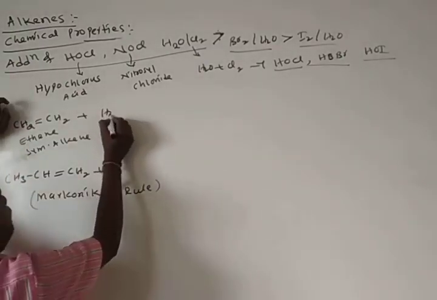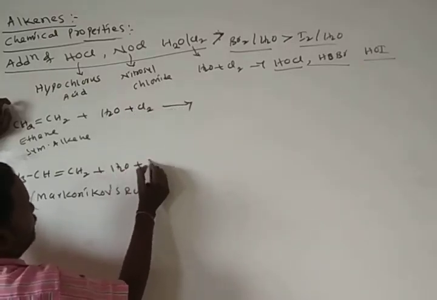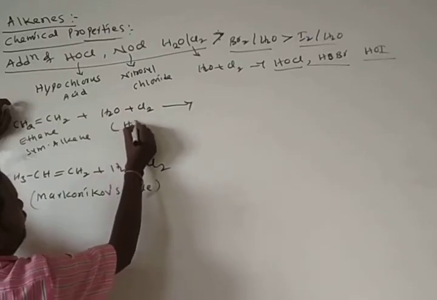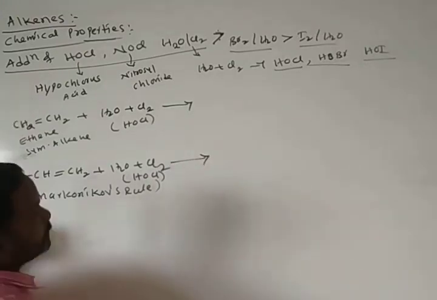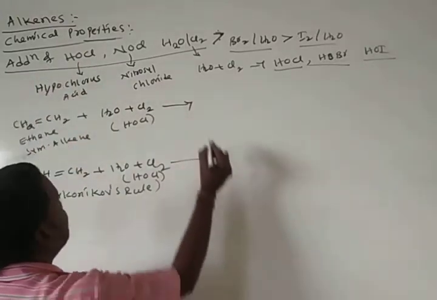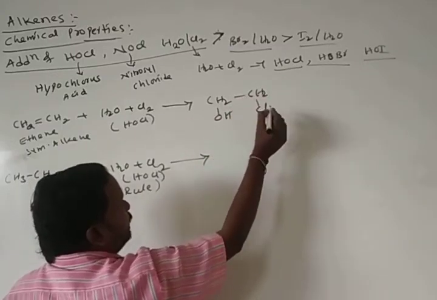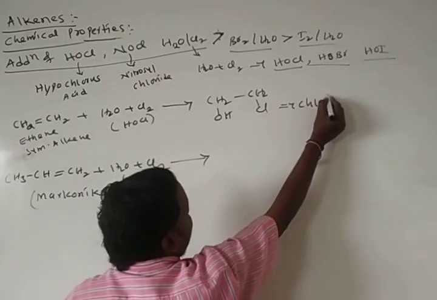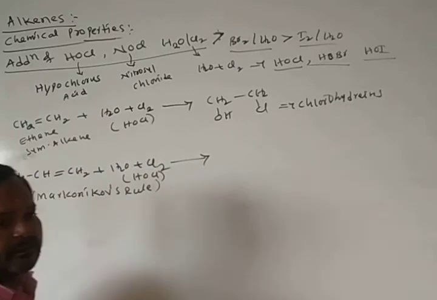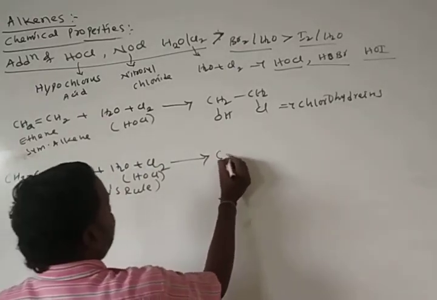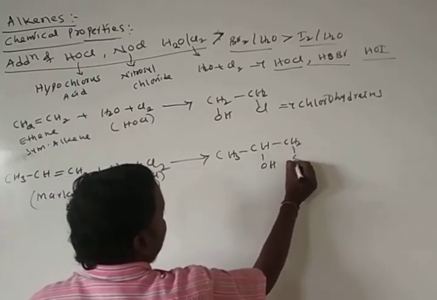Here we are reacting H2O plus Cl2, which is nothing but HOCl. The same as the last reaction. I am writing the reaction: OH here, Cl here. We call these chlorohydrins. Here, the same CH3, CH, OH, CH2Cl.